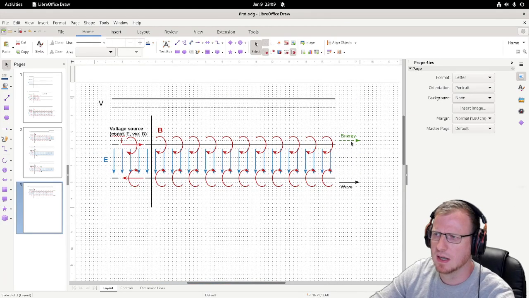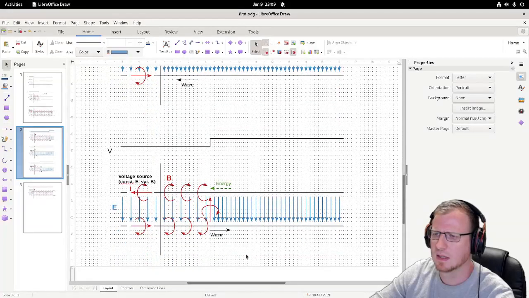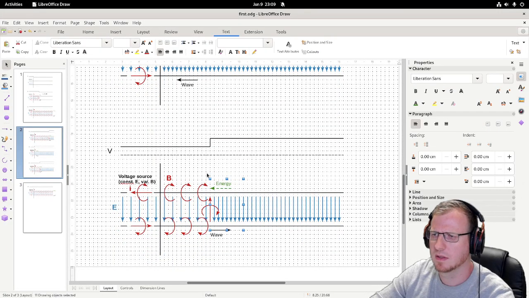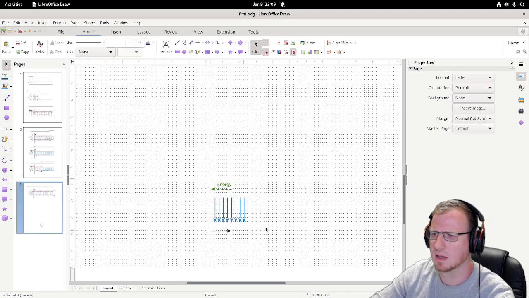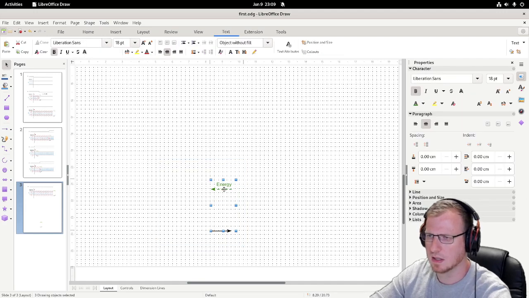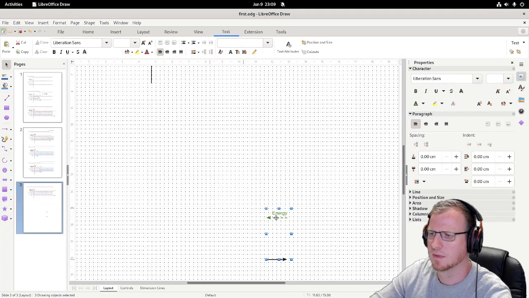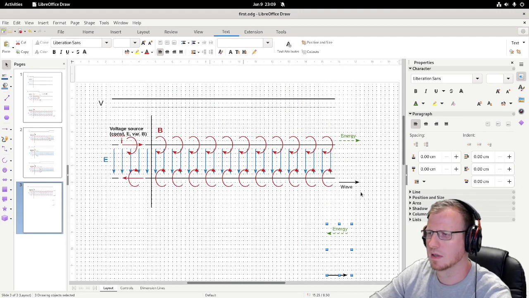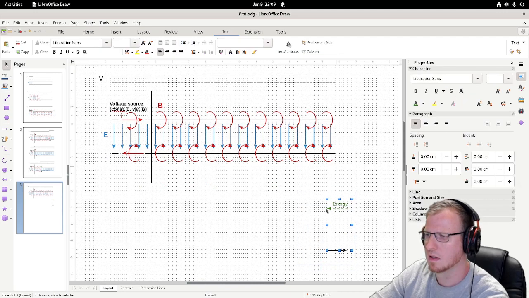Whatever. So, we had the situation that the energy and the wave have had a different direction, and we make this here, and here we remove these lines, and we move these arrows here. So, we remove them, put them here.